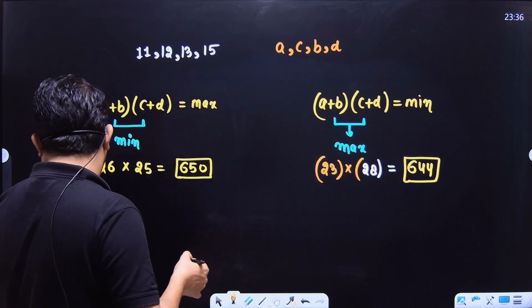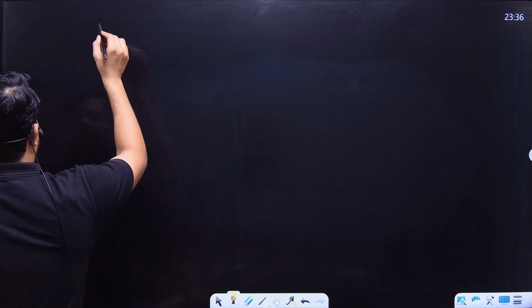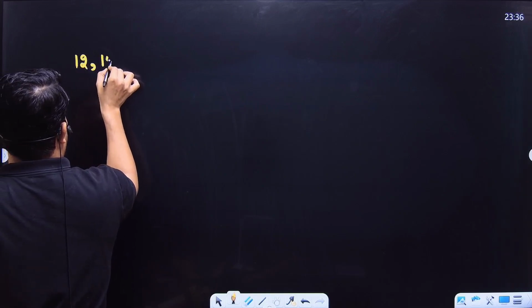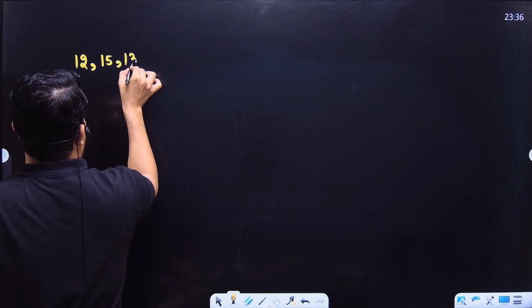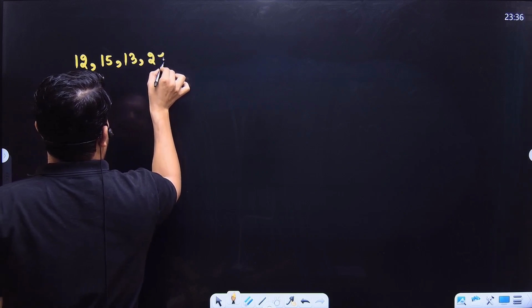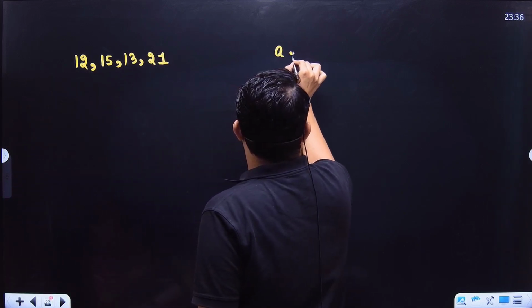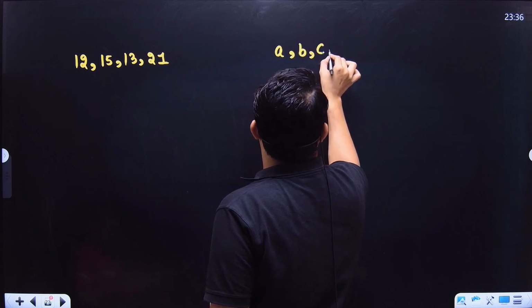If I write any four random numbers, first I write 12, then 15, then 13, and 21, and they are not in sequence.